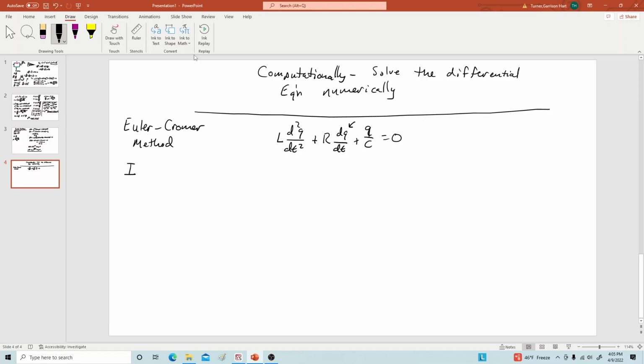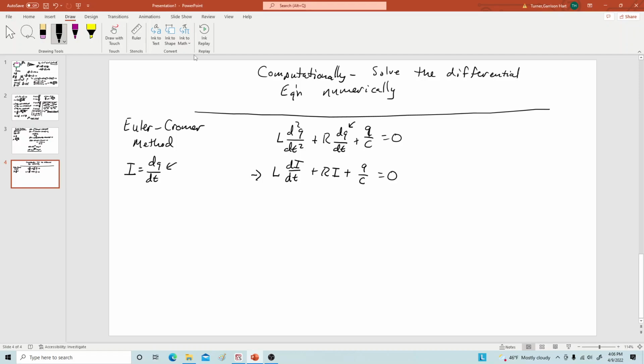That is the current I. So what we're going to do is we're going to write this in terms of I, and we're going to have L di dt plus R I plus Q over C is equal to 0. And now I'm going to combine this equation with this equation. And what we're going to do is essentially approximate my differentials by deltas.